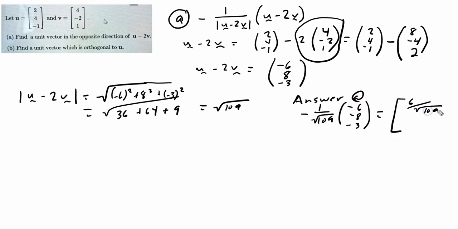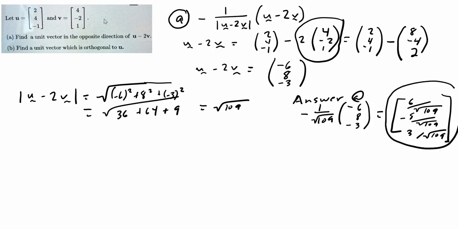And I'll have that. And when I multiply that by the second one, oh, that should be a plus. My bad there. Okay. I'll have negative 8 over square root of 109. And then when I multiply these two together, the negative signs will go away, and I'll have 3 over the square root of 109. So this is the answer to part A. That's your answer to part A.